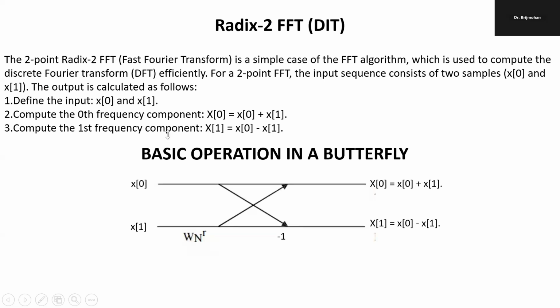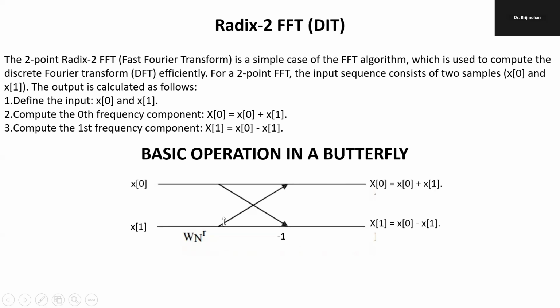This is the basic butterfly diagram for a sequence having two elements, say x0 and x1. So the basic operation for this butterfly is capital X0 is equal to small x0 plus x1.